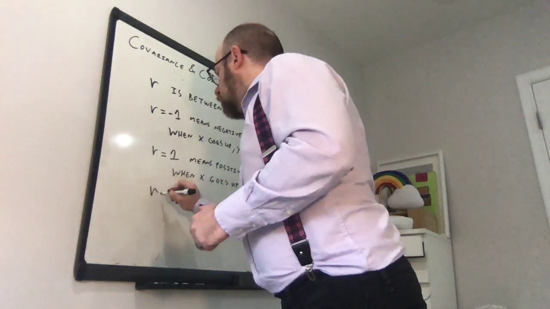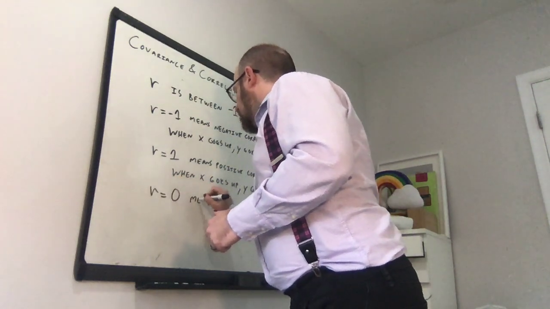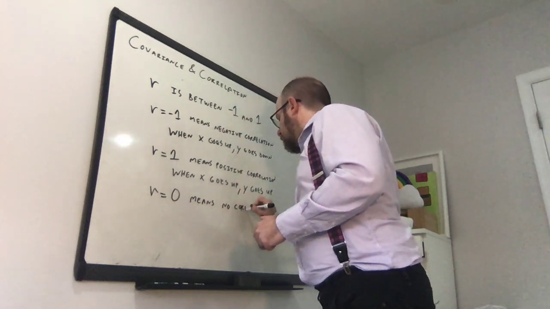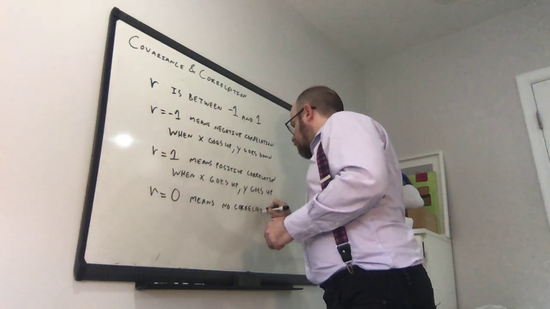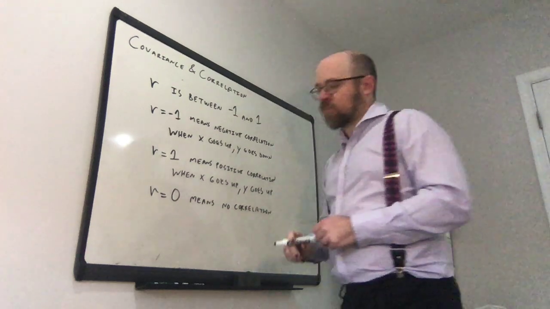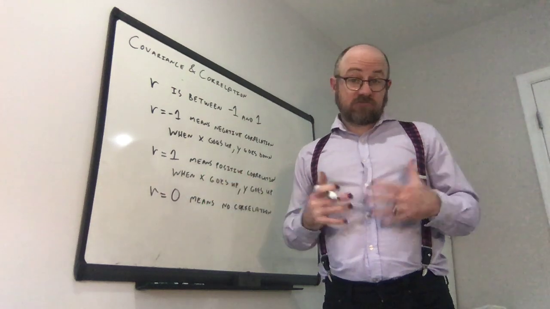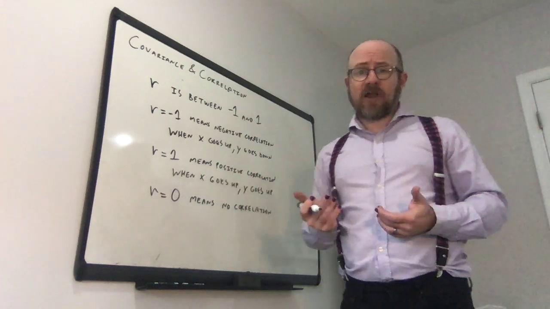And R equals 0 means no correlation. Okay, so R equals 0 means that they're perfectly random, that they're totally randomly organized. There's no linear pattern at all.